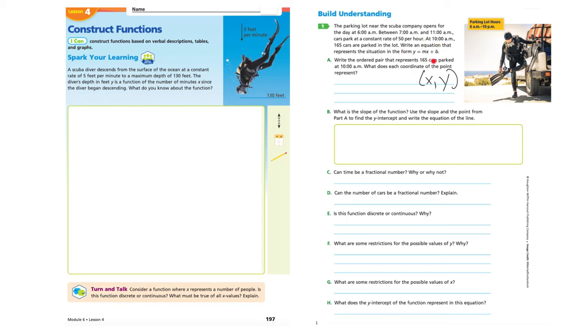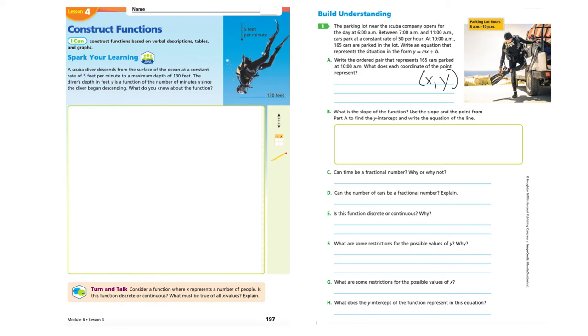So that's all going to help you write this equation in the form y equals mx plus b. So they want you to write that equation, and remember the constant rate of change is what's going to help you figure out what your slope is.